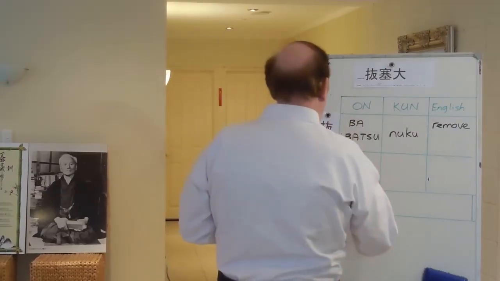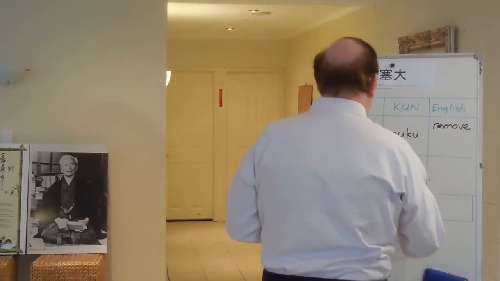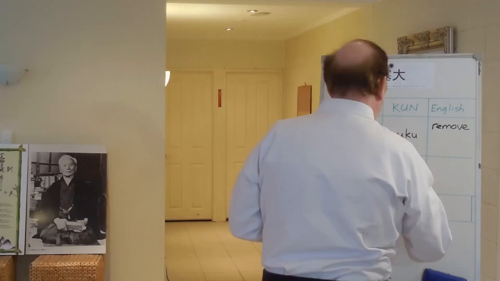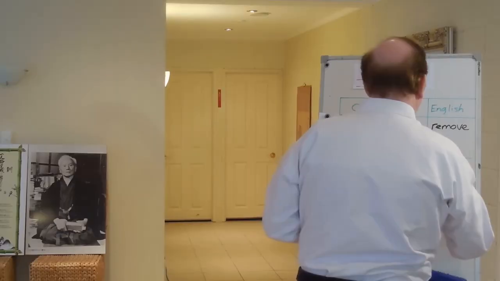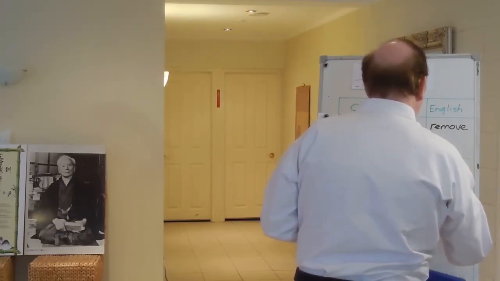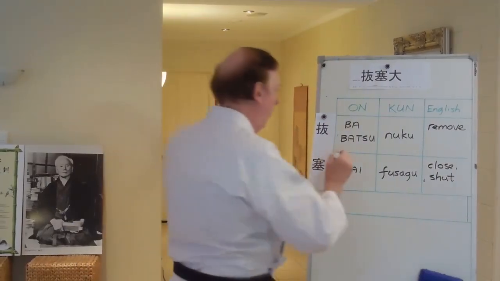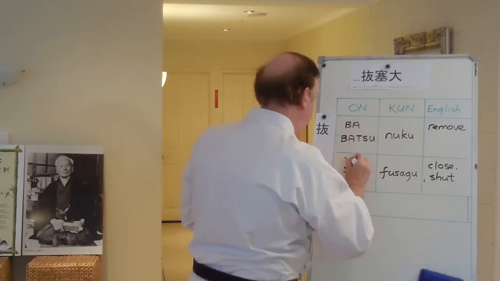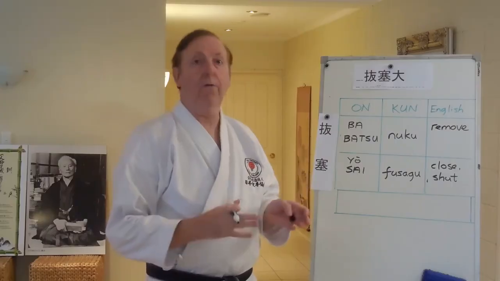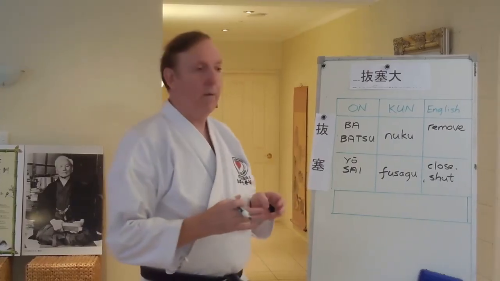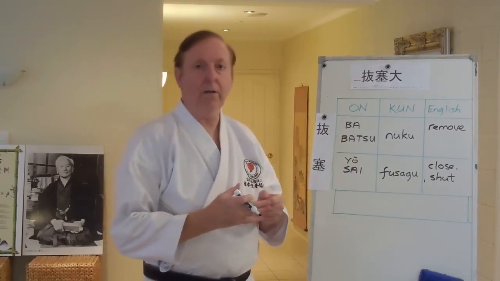The sai translates into fusagu. And fusagu means to close or be shut. If we put yo here at the top for yosai, this means a closed or shut building, like a fortress. So normally when we talk about Bassai, we talk about the fortress and penetrating into the fortress.